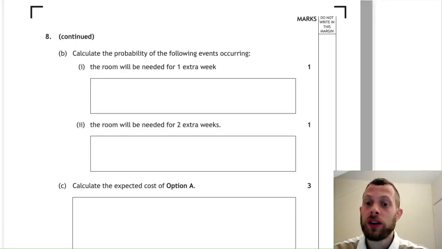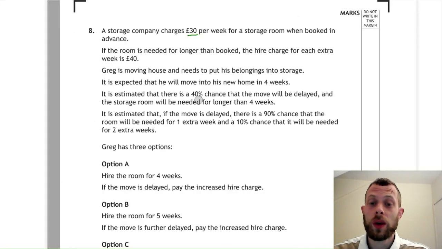Now later on we're going to work out the expected costs of options A and B, but this is breaking it down for you, and it tells you in part B that you need to work out the probability that the room is needed for 1 extra week, and also that the room is needed for 2 extra weeks. So looking at the information in the question, there's a 40% chance the move will be delayed.